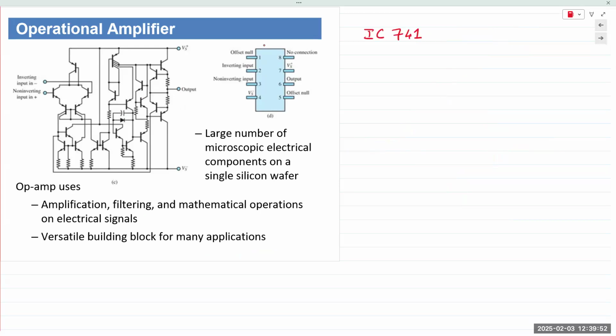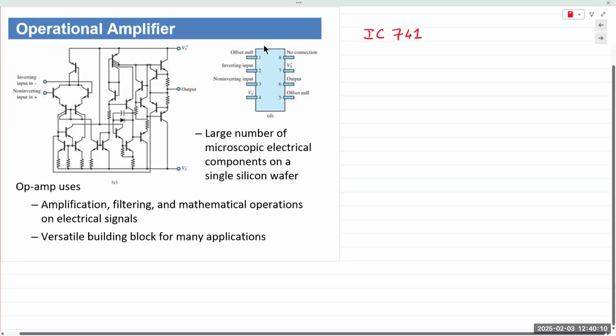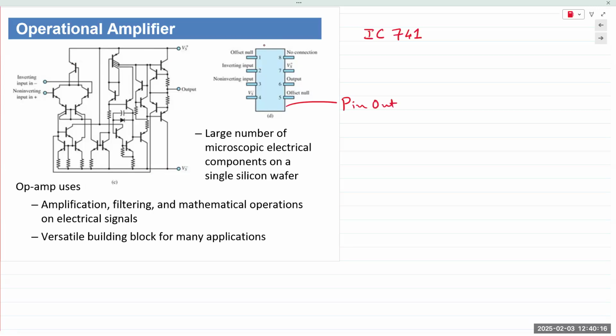It's been around for decades. This is what I studied when I was a student more than 30 years ago. This is still what students study all these years later. This is the internal construction of the IC741. This shows you the pin out configuration of the microchip package.